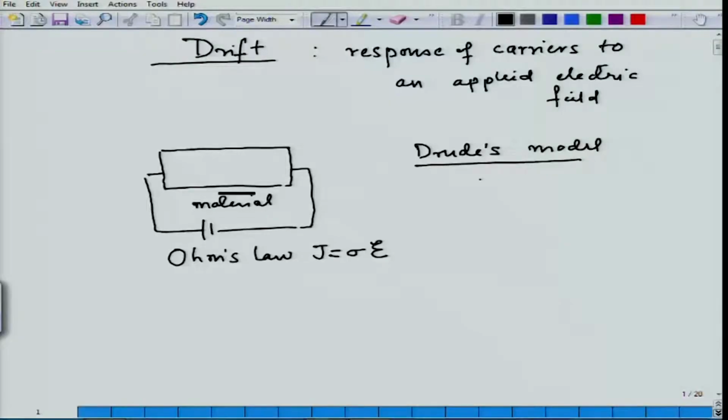So, in Drude's model there were only electrons, and they were responding to the field by getting accelerated.